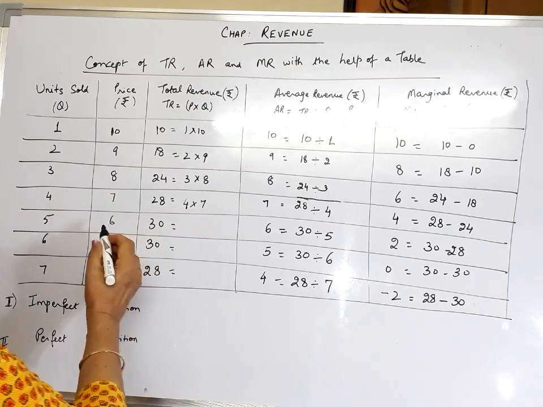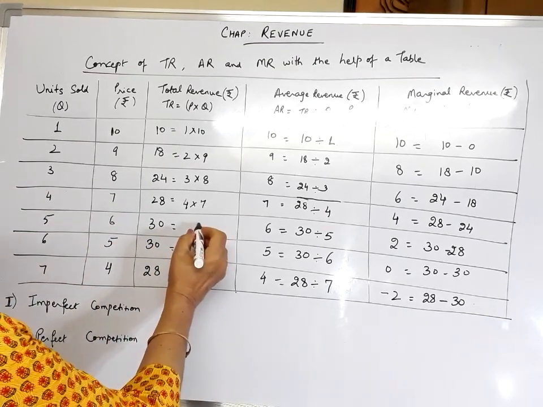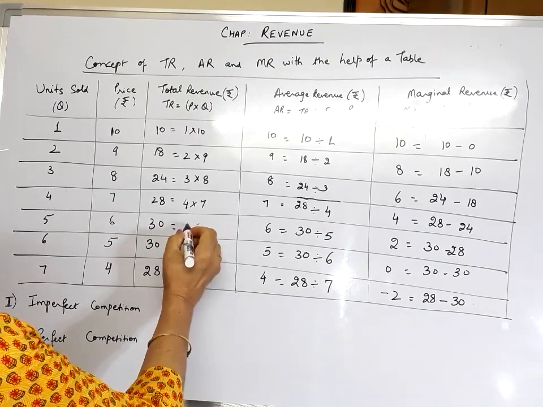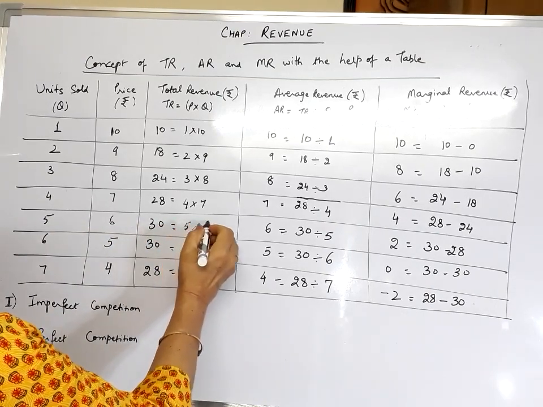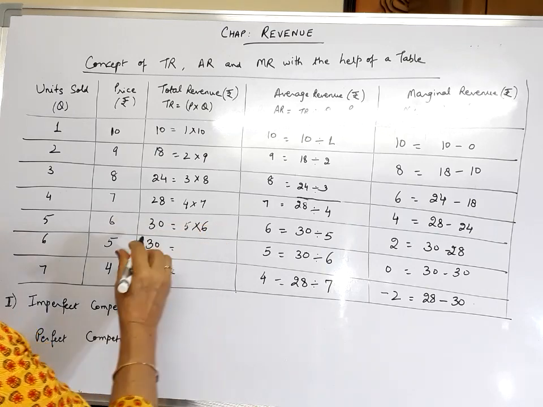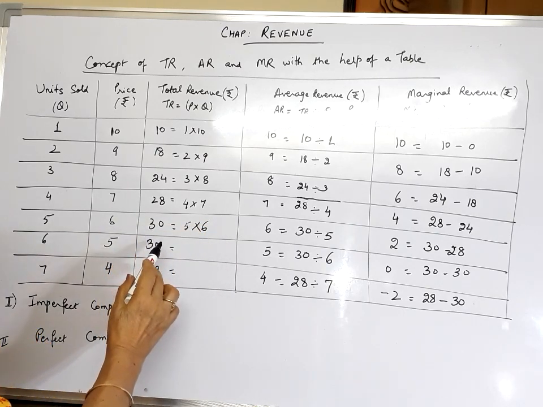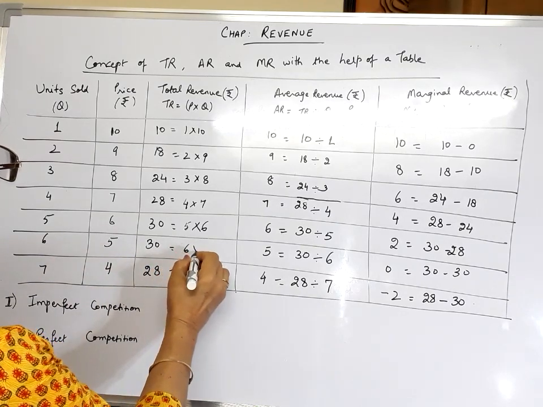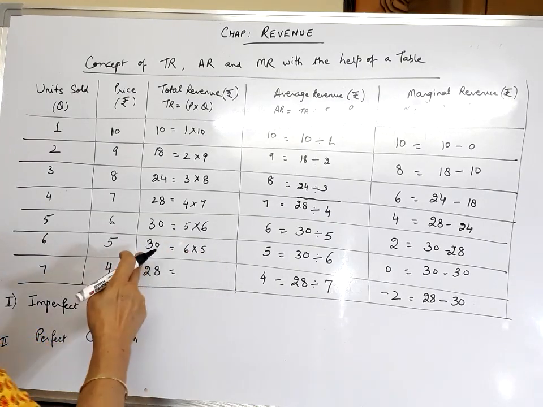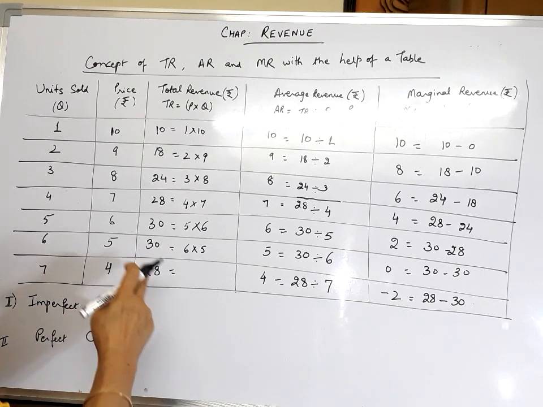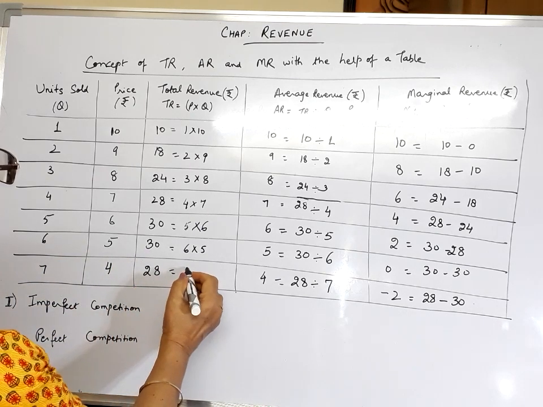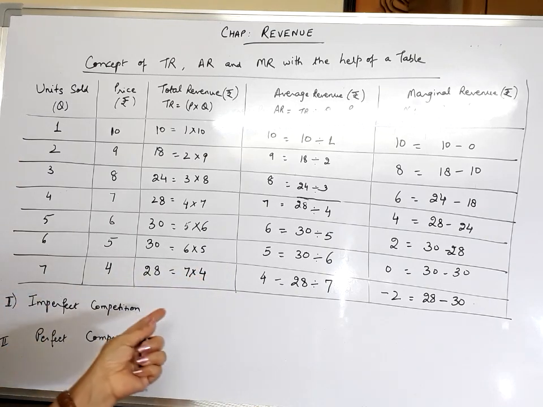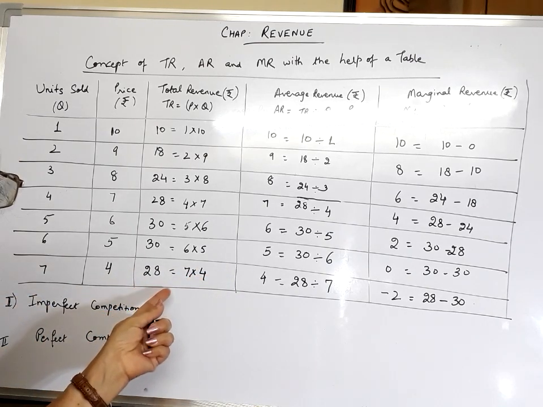Then for 5 units of output, children, when the price is rupees 6 per unit, your total revenue is 30 rupees. When 6 units are produced at a price of rupees 5, the total revenue works out to be 30 rupees. And similarly, for 7 units of output at a price of 4 rupees per unit, your total revenue is 28 rupees.